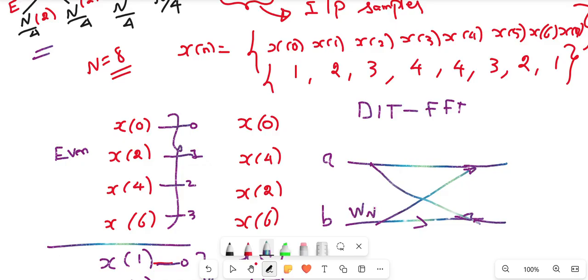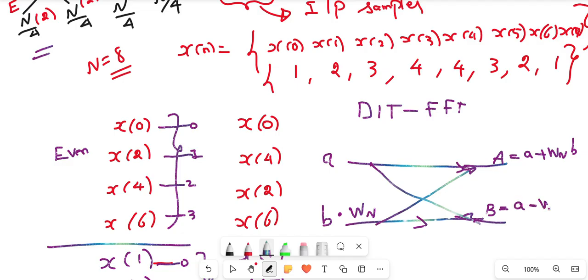The twiddle factor plays a vital role. You have to compute 2 complex multiplications and additions. So A becomes A plus W_N into B, and B becomes A minus W_N into B. This I will explain later.